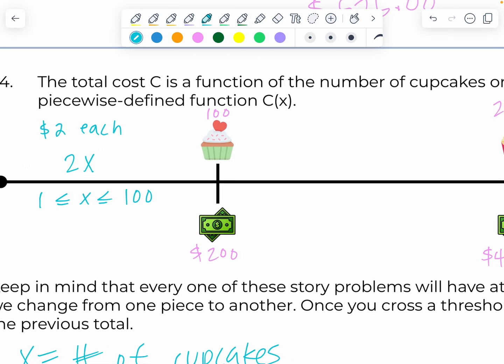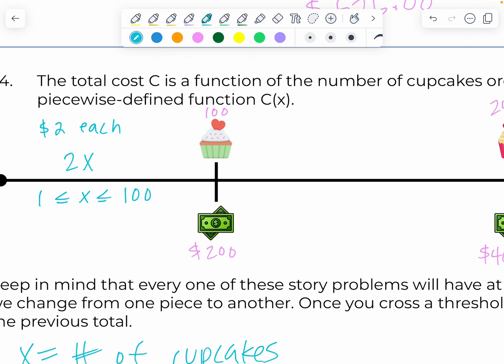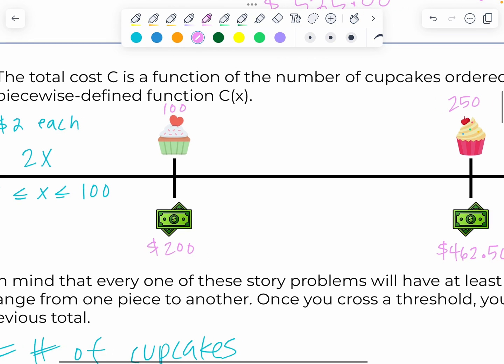Similarly, when we have cupcakes costing $1.75 each, we can do the same thing. We can take our $1.75, and we're going to multiply it by the number of cupcakes, except instead of just doing $1.75 times X, we're actually going to have to multiply it by X minus 100.